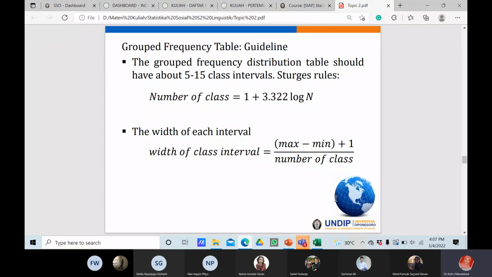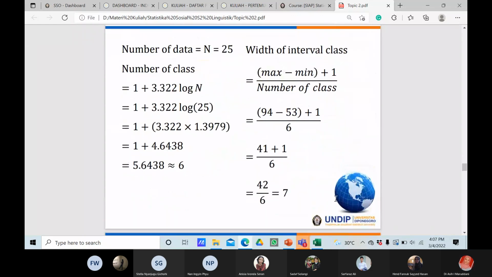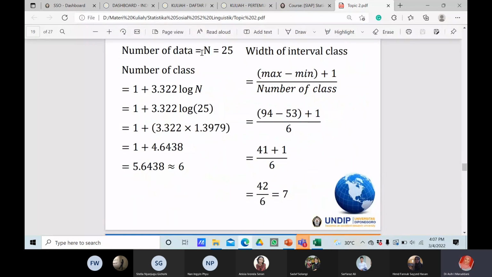Let's see how it works. Number of data, named by n, is 25. The number of class with the formula is 1 plus 3.322 logarithm n. You can replace n with 25. Then you can count how much logarithm 25 is. It is equal to 1.3979.